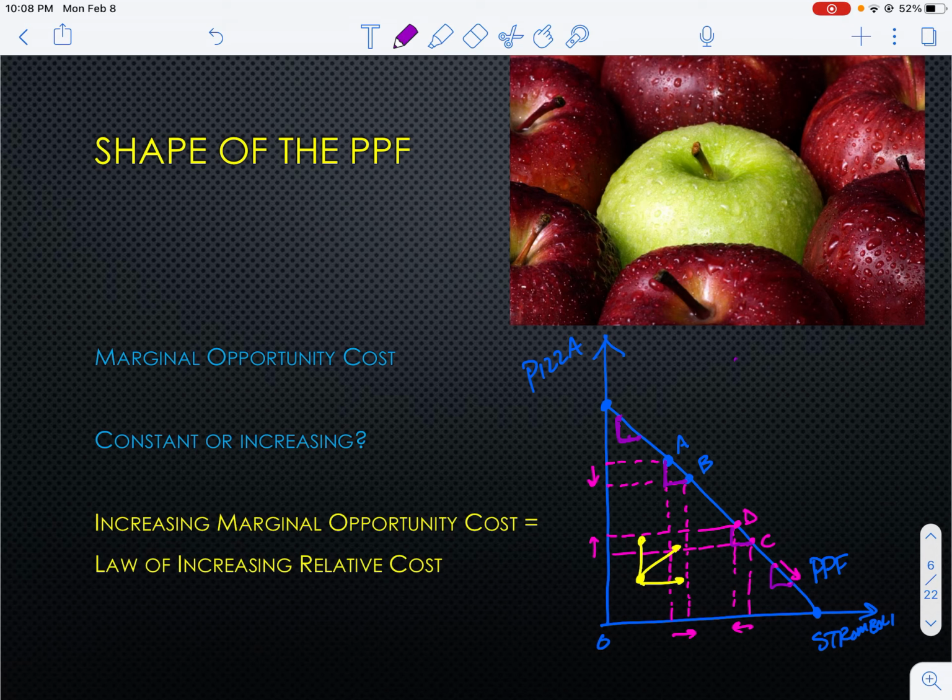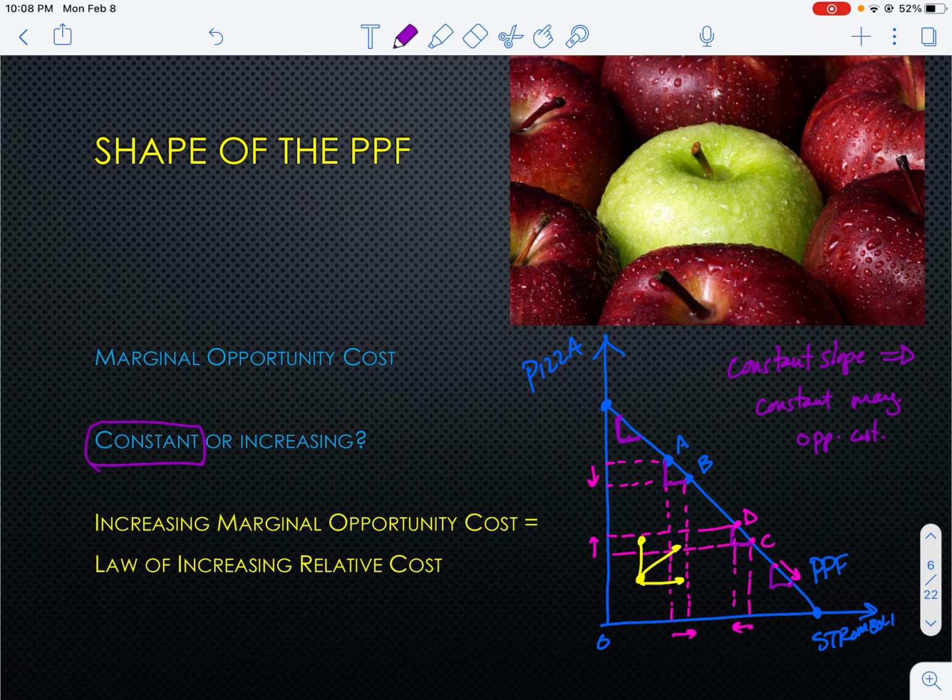How can you tell that? Because the straight line has constant slope. Constant slope means constant marginal opportunity cost.